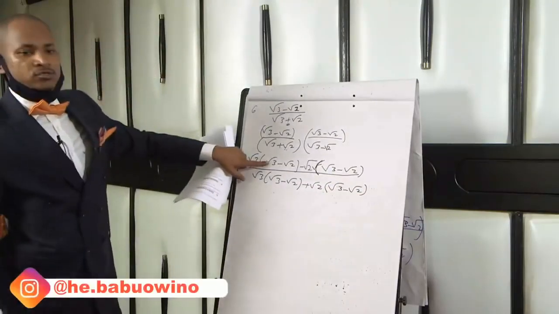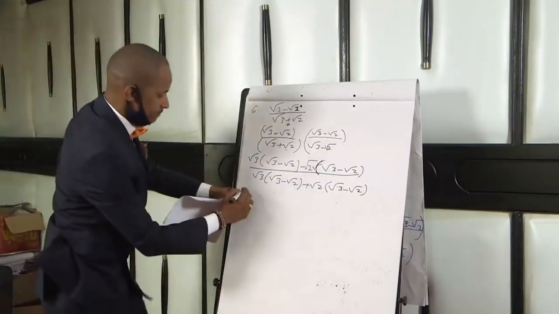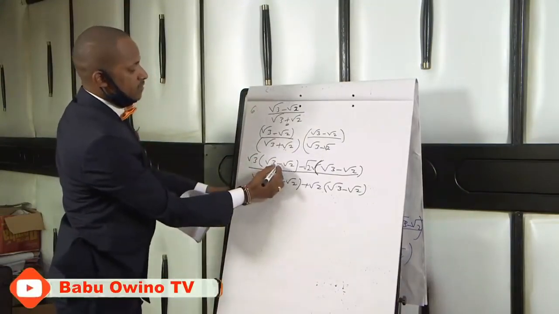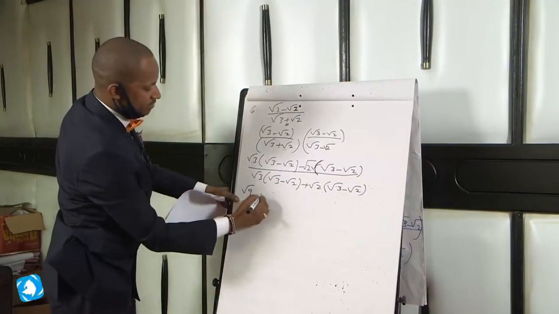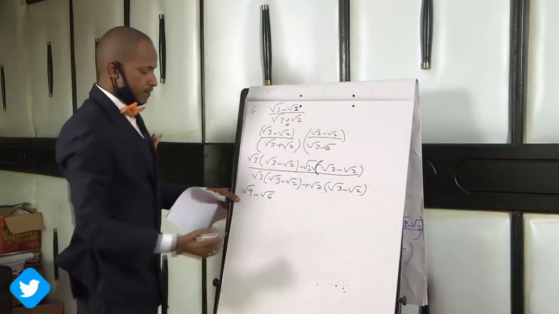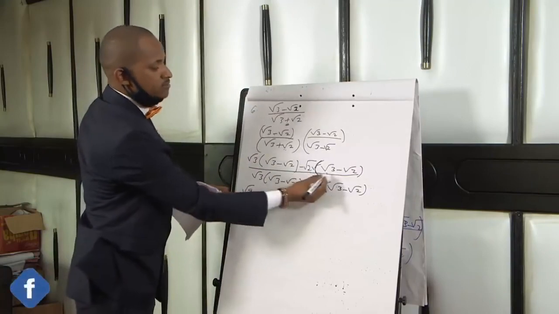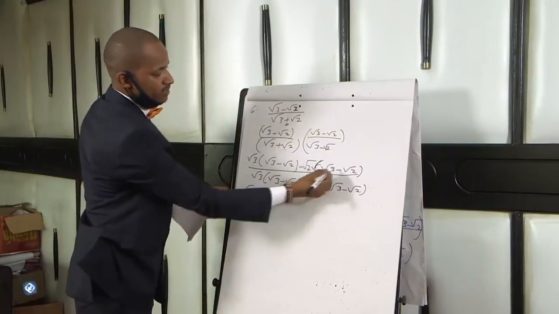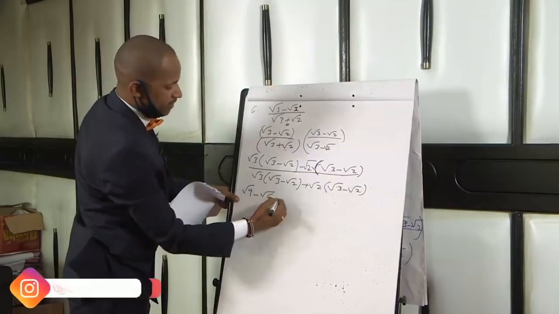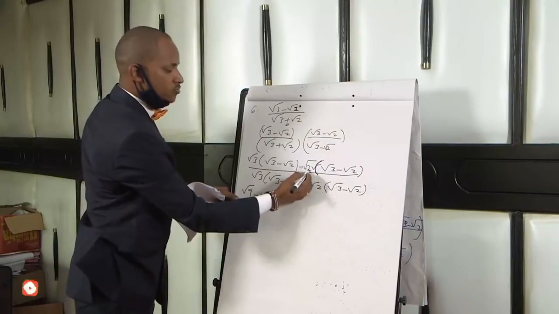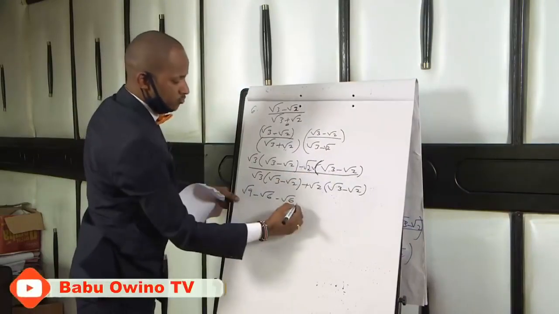Root 3 times root 3 is root 9. Root 3 times minus root 2 is minus root 6. Just multiply what's inside the roots. Then minus root 2 times root 3 gives minus root 6. Then minus root 2 times minus root 2 is plus root 4, since minus times minus is plus.